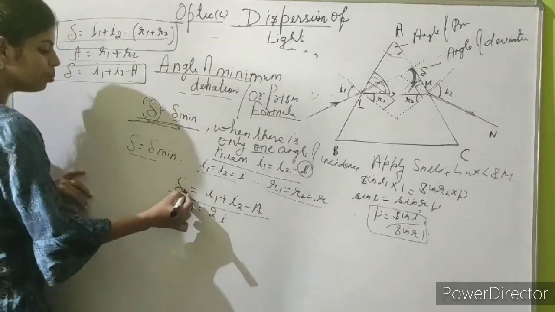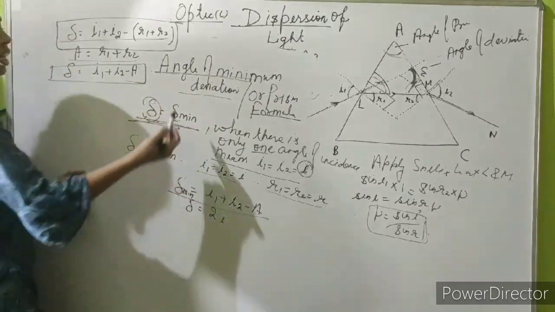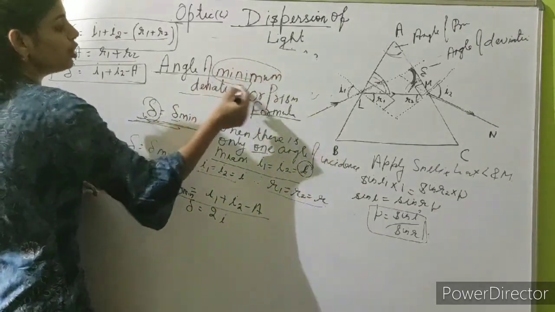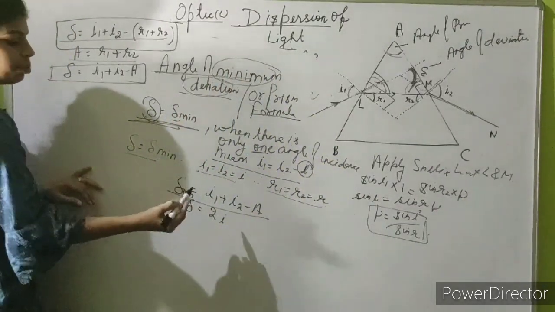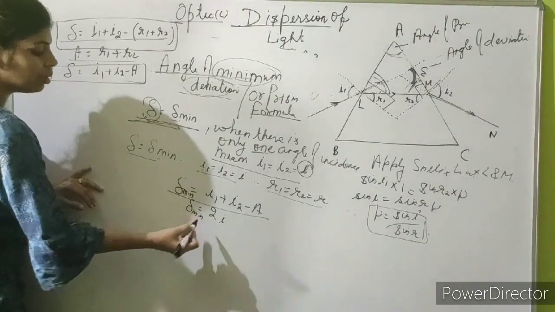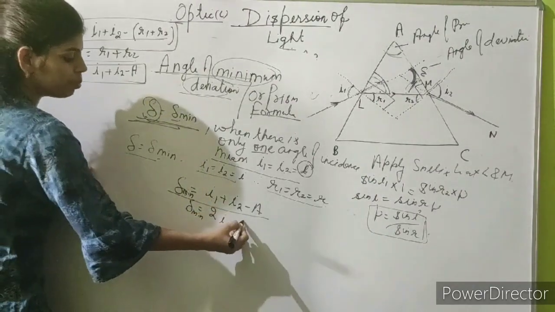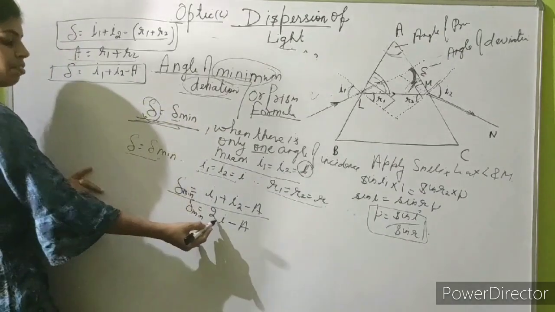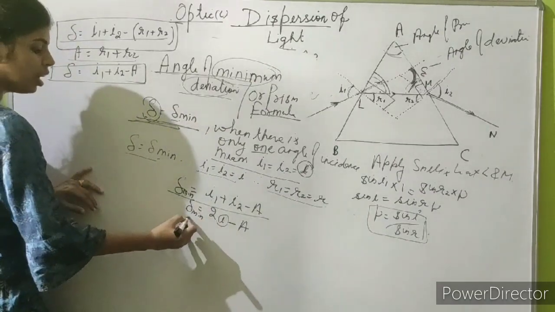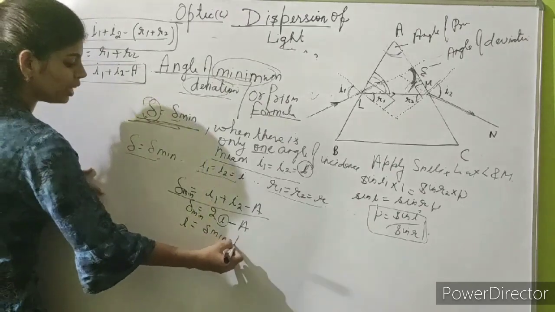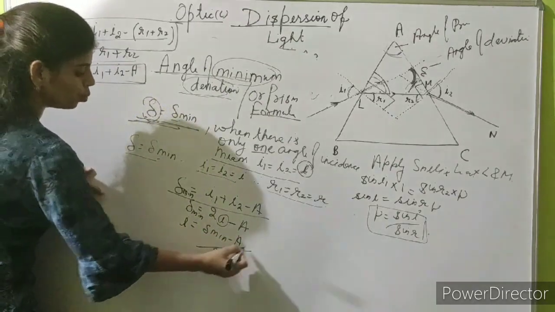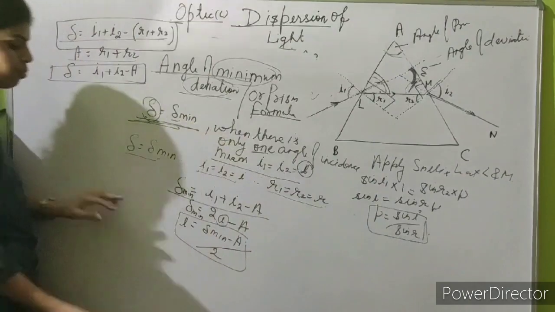Here delta would be delta minimum. Remember, we are deriving the derivation for minimum deviation. So this time delta is known as delta minimum. So delta minimum is equal to 2I minus A. From here we can find out the value of I. I is equal to delta minimum minus A by 2. This is the value of I.